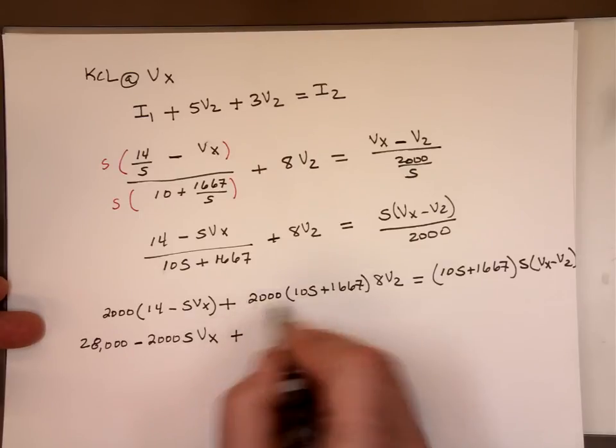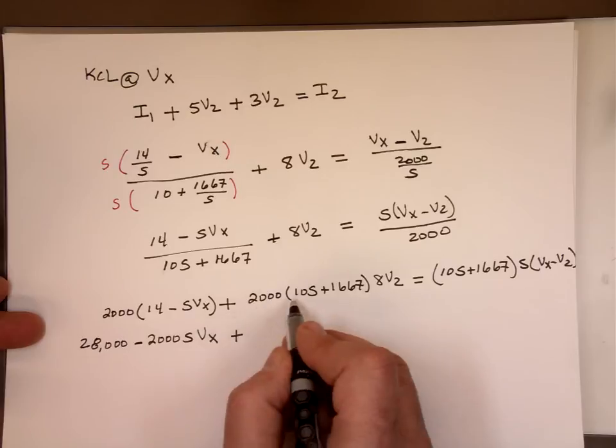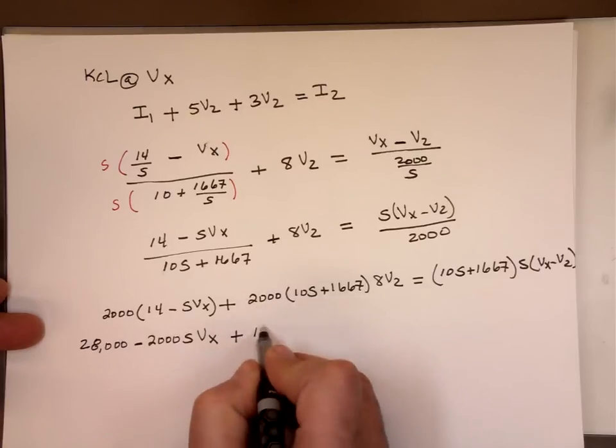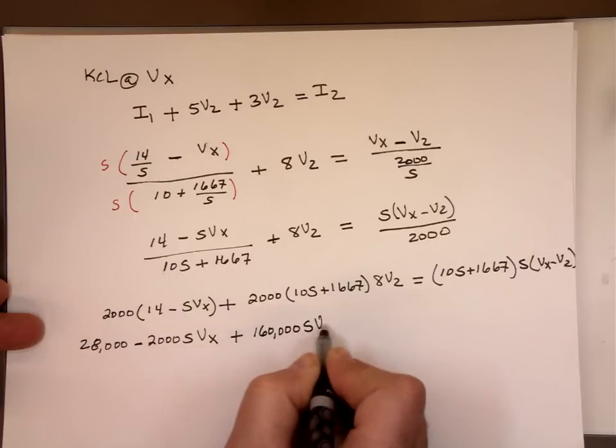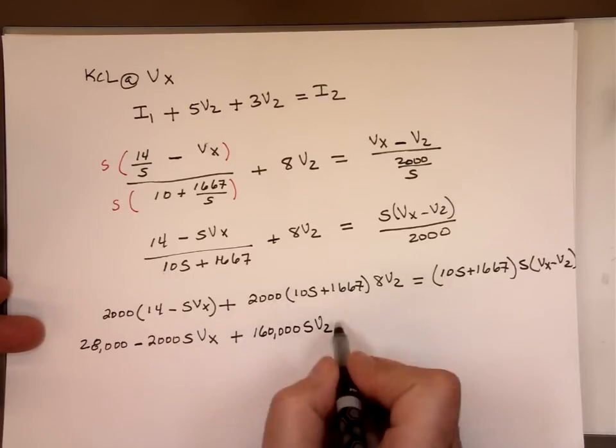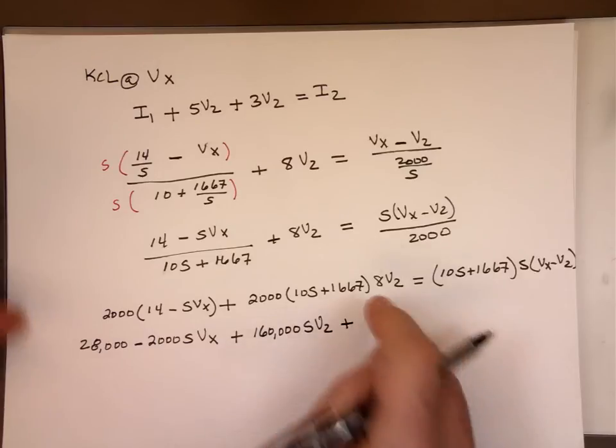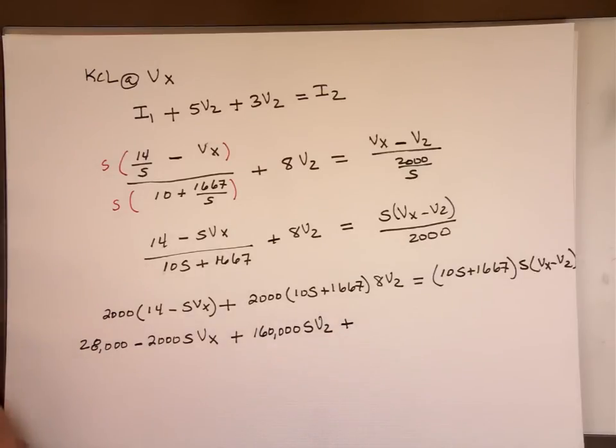So 160,000? 60,000 SV2, and the other number will be, let's see if that number becomes a little bit prettier there. 2,000 times 8 times that number.